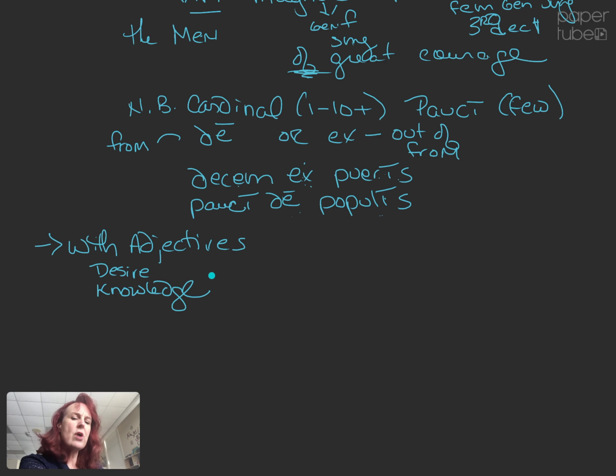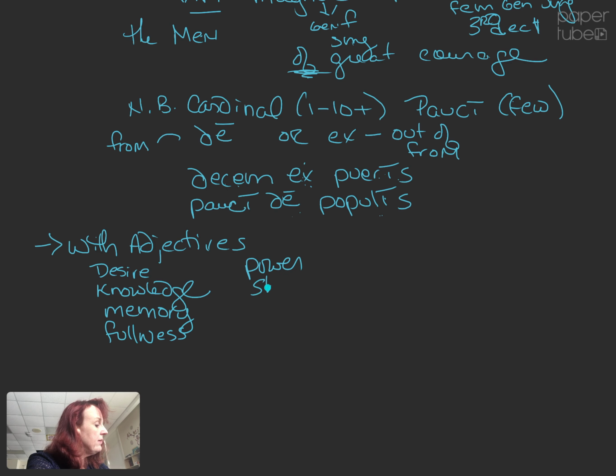Do you have knowledge of history? See how we put that of there? That's why this is a genitive feeling. Memory of something. Fullness. Power. Sharing. Guilt. And, oops, no L there. They're opposites.